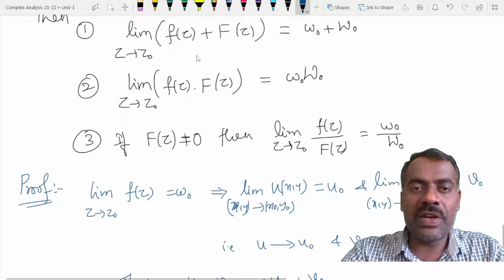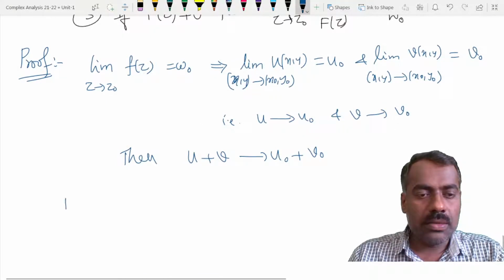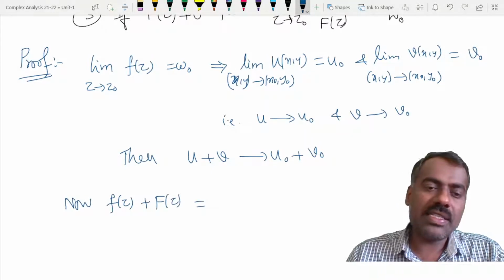Now you find out what f of z plus capital F of z is as a complex number.